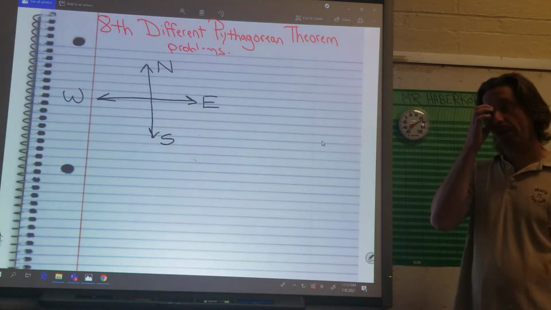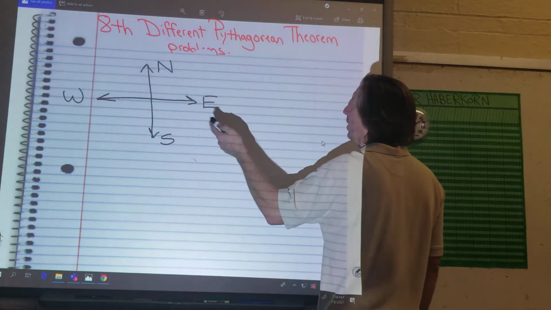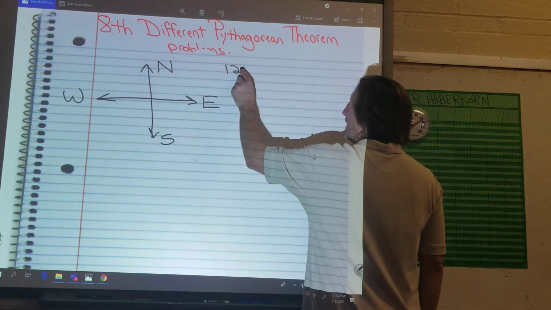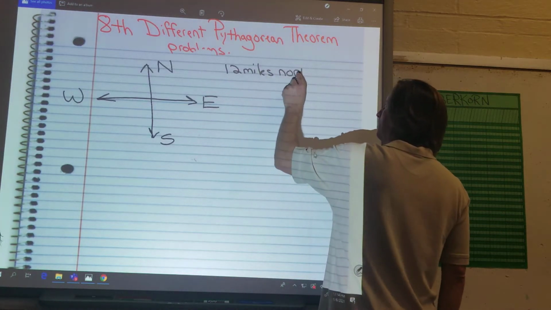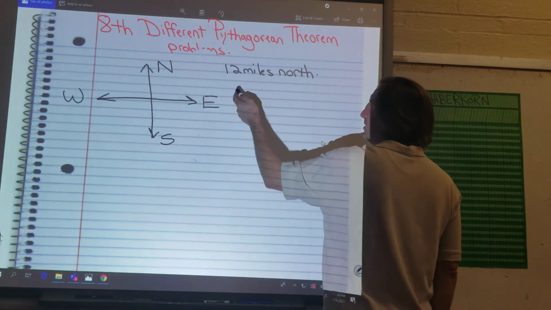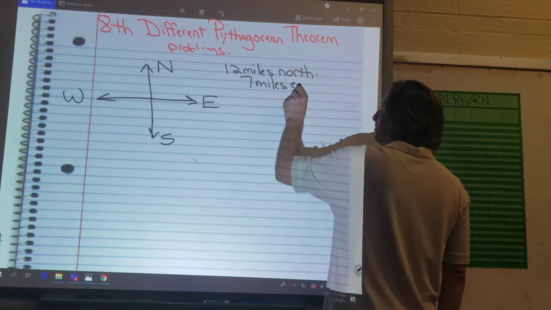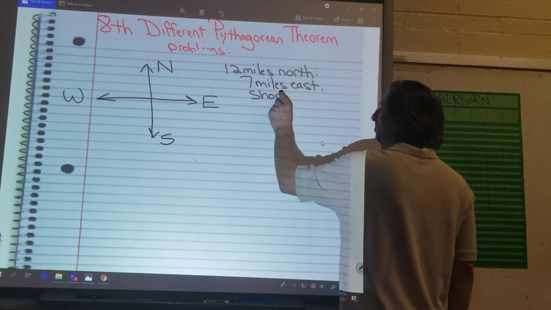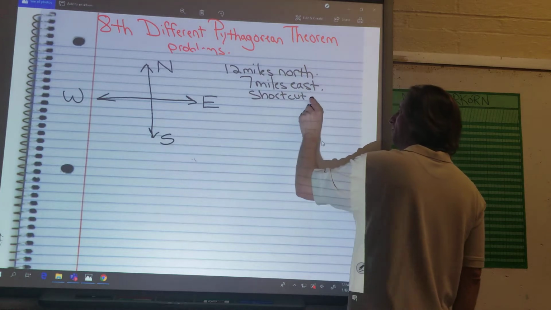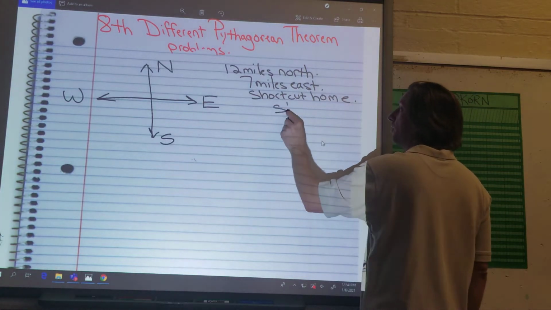So a lot of times they may say you traveled, or maybe you ran 12 miles north, and then you went 7 miles east, and then you took a shortcut home. And they may ask, how long is the shortcut?